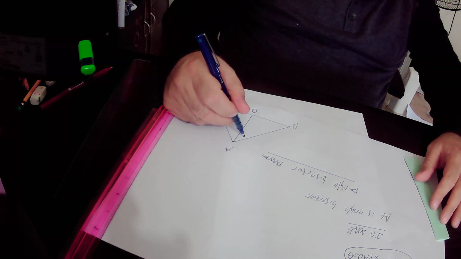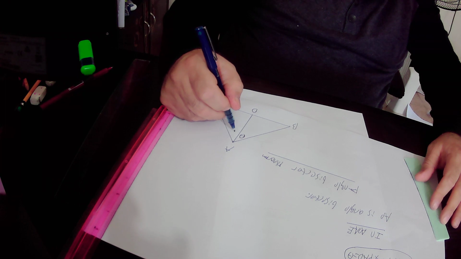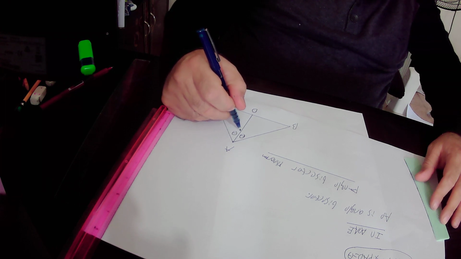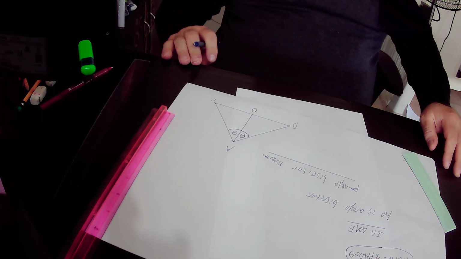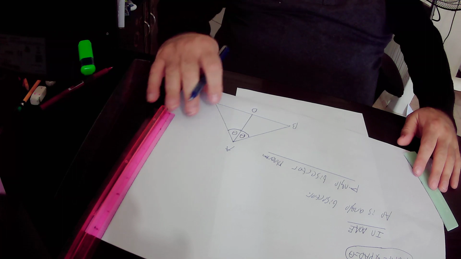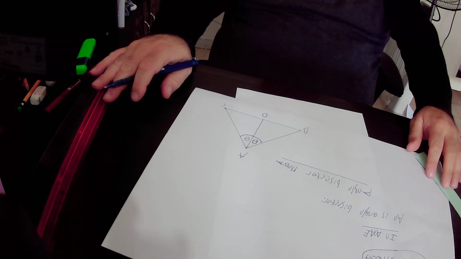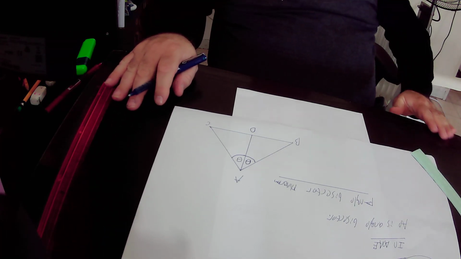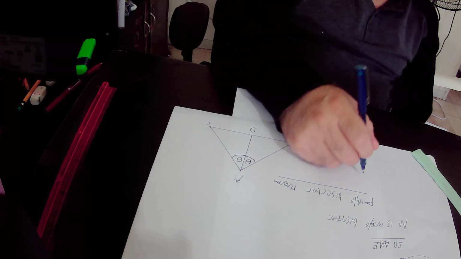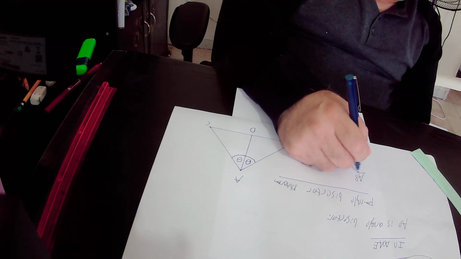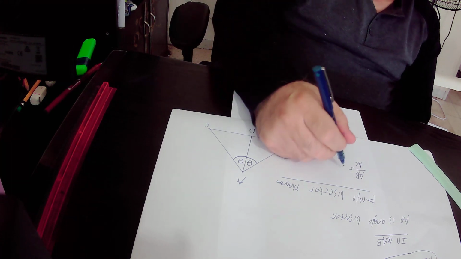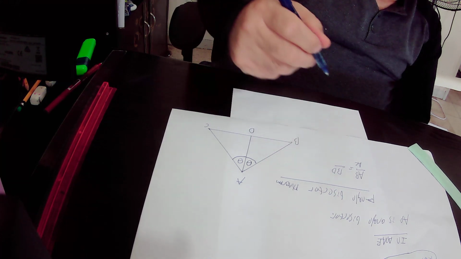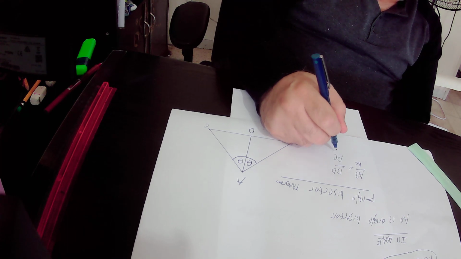This part equals theta and this part equals theta. Then, according to the angle bisector theorem, we get that AB over AC equals BD over DC.